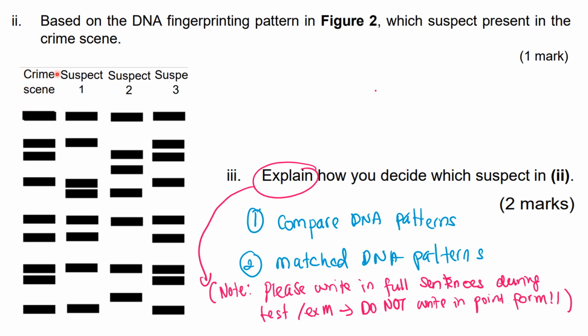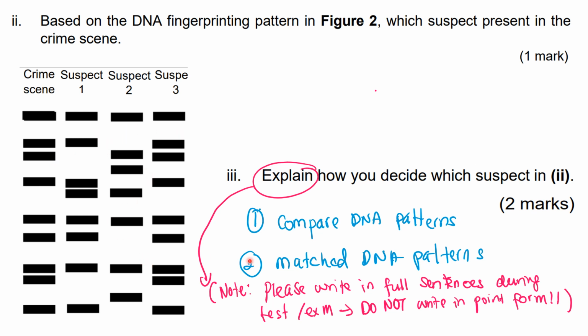For the next question, explain how you decided which suspect you identified for question number 2. This question is worth 2 marks. As I said, in order to identify the suspect, you have to compare the DNA patterns between the DNA from the crime scene and the DNA of the three suspects.